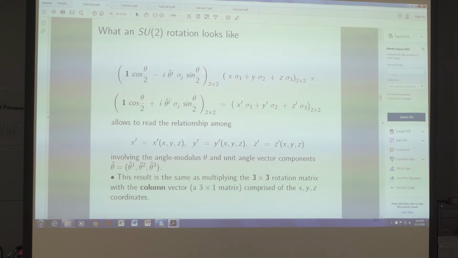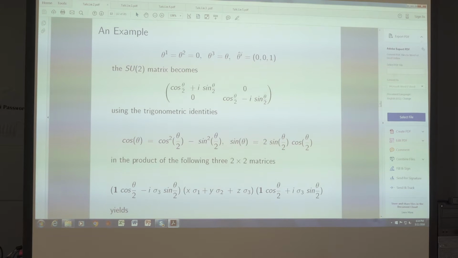Remember, here I have half of my angle everywhere. But when I multiply those matrices together, I'm going to reproduce my whole angle. Instead of having half of my angle, I'm going to have the whole angle. Why? Because you are going to have these relationships between the half angle and the angle.